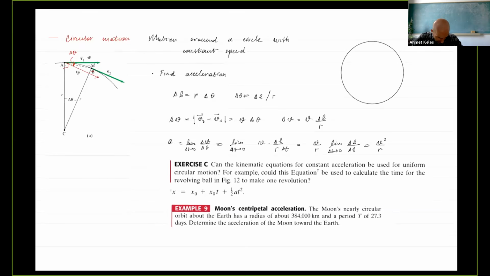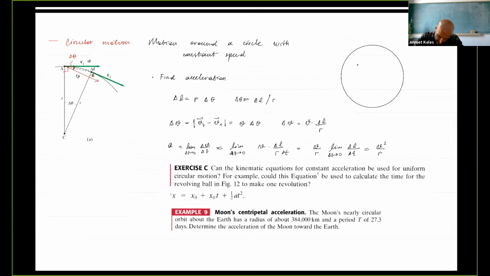So, what's happening here? Let's write it here. Here is the circle of the motion. You know, constant speed. Speed is constant at any point. So you have some v here, some other v here, something like that. But as you can see, the direction is changing.